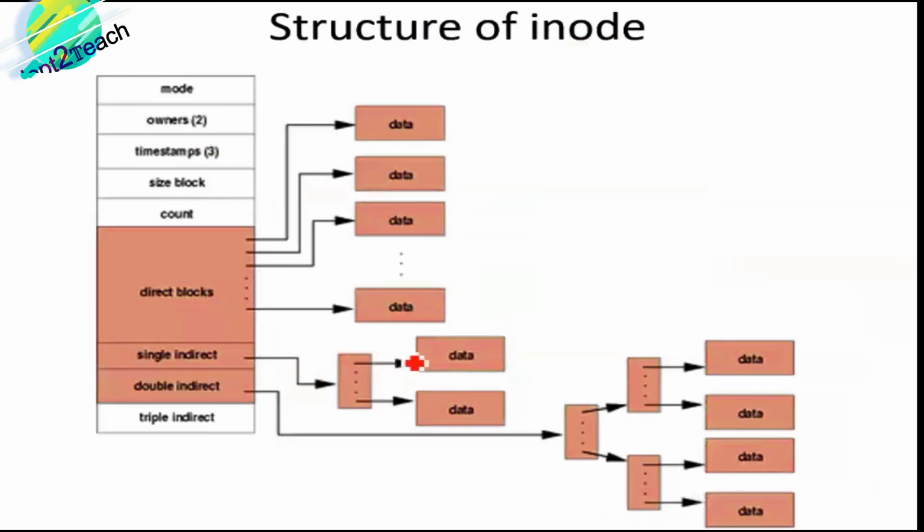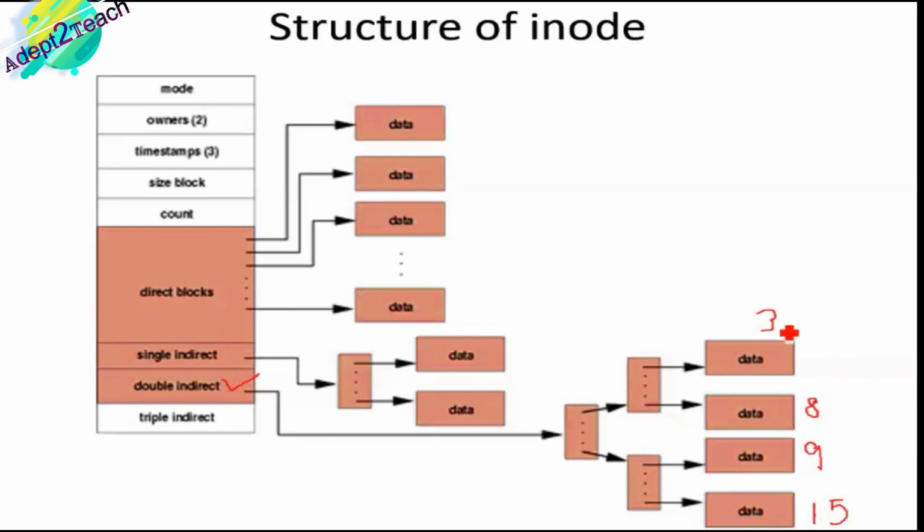Now likewise we can have double indirect pointers. That means you cannot directly access the file. You have one set, and then it is storing the data. With a double indirect pointer, you have a file size which is very enormous, which could not be stored in two locations. So you have stored the file in, let's say, location number 3, location number 8, location number 9, and location number 15.